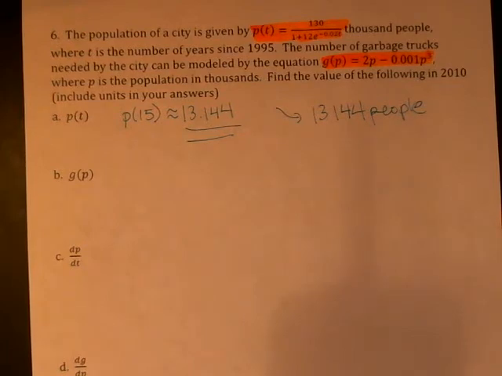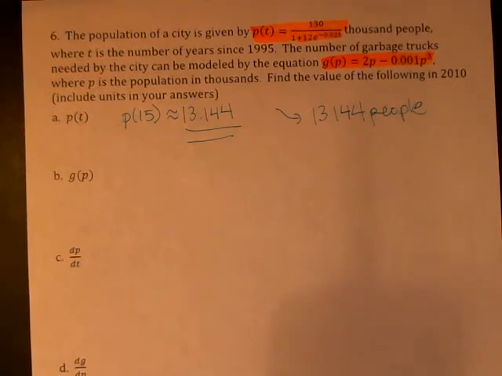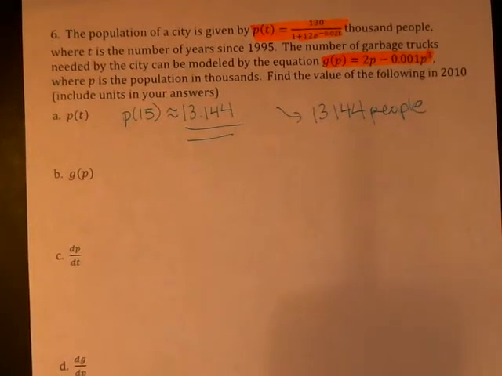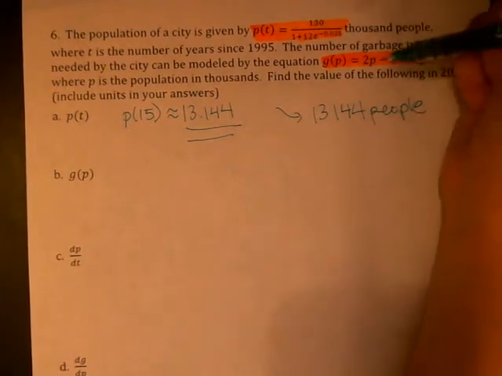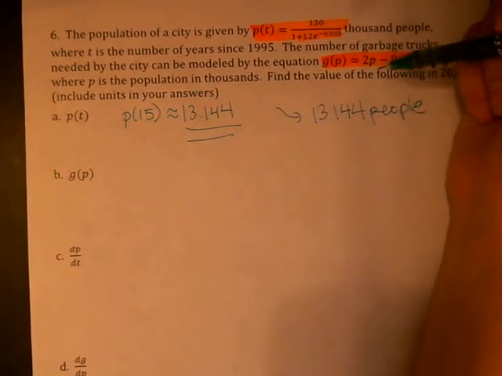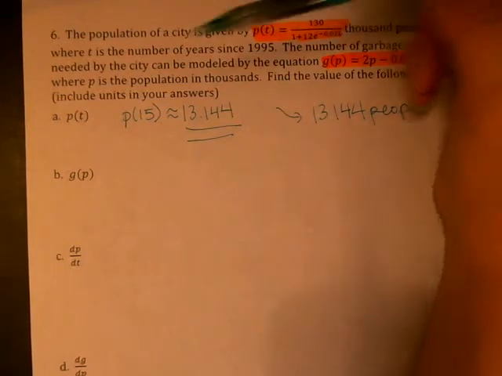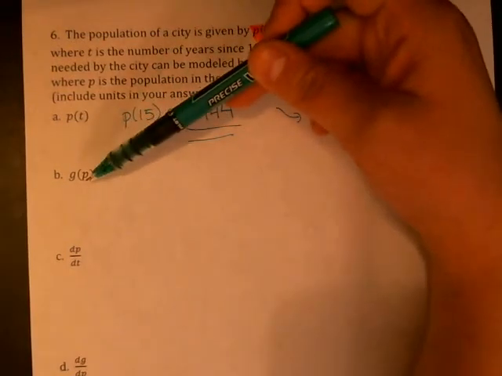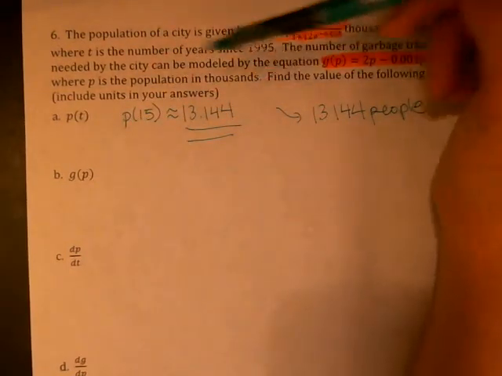G of P, so G outputs number of garbage trucks. So now I'm supposed to figure out how many garbage trucks we needed in 2010. But this is a little tricky because G doesn't input a time. G inputs a population. So actually we get off easy because we've just done some of this work, but that's the really important thing to realize. It would not make sense to plug 15 in here because G inputs population.